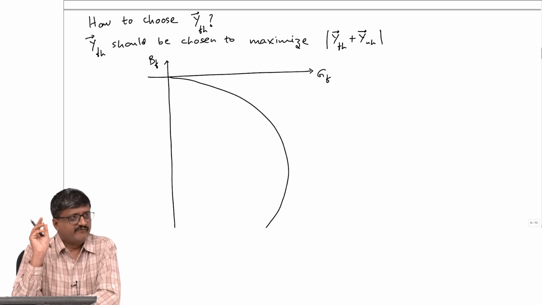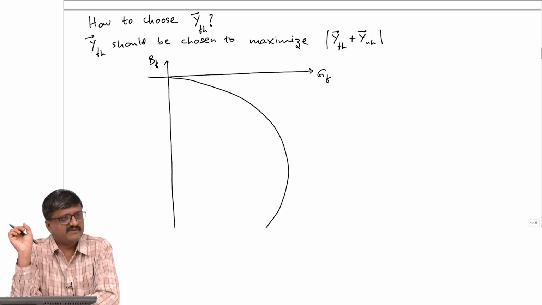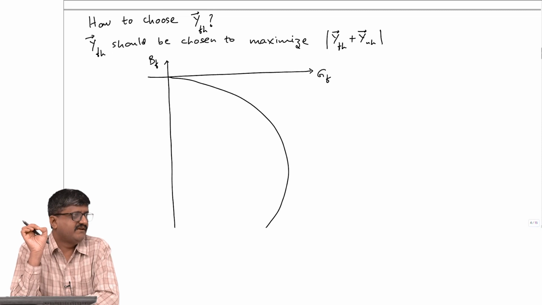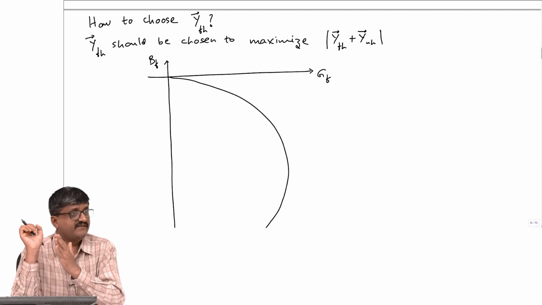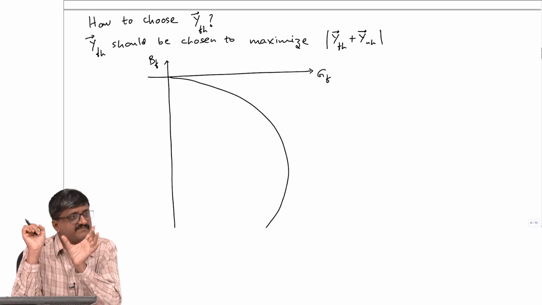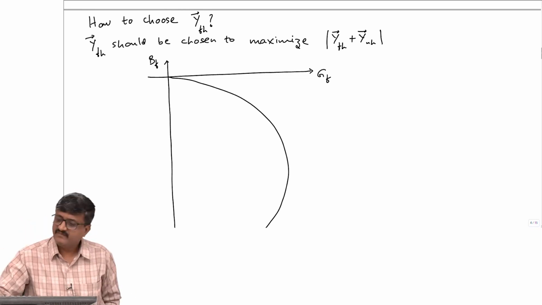So, once the rule is fixed for choosing y n h, the sum of these two complex numbers y of h plus y n h should always be perpendicular to the boundary. So, I have to choose the position of the boundary itself such that this perpendicular distance is maximized. That means I have to choose the boundary as a tangent to the semicircle.